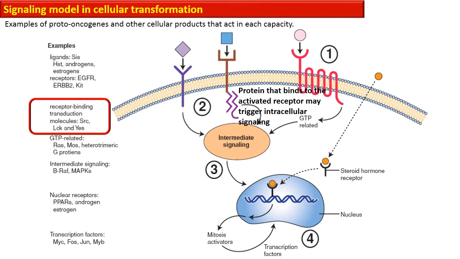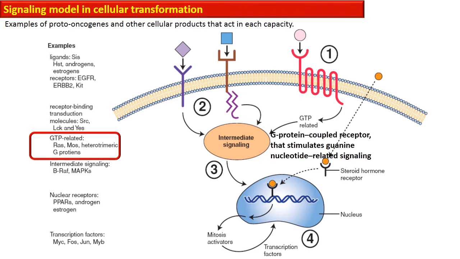Examples of these proteins are SRC, LCK, ABL. Or the receptor is G protein coupled and stimulates guanine nucleotide related signaling, and the important related molecules are RAS, MOS, and heterotrimeric G protein.